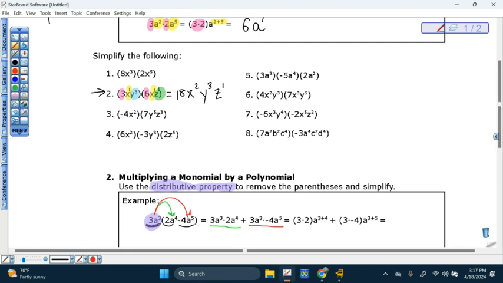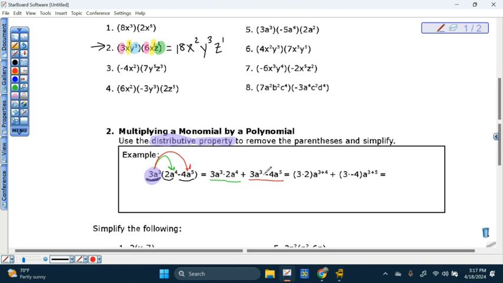So now I have 2 multiplication problems here. I've got to simplify this, but it's the same rule as before. I take my coefficient times my coefficient. So 3 times 2 gives us what? 6. And then I look at my a's. I've got a to the 3rd times a to the 4th. My base is a, and I add 3 plus 4, that's 7.